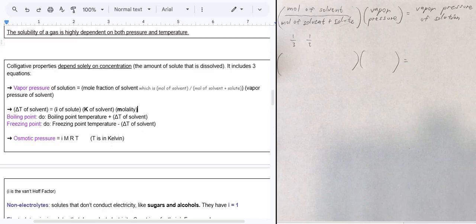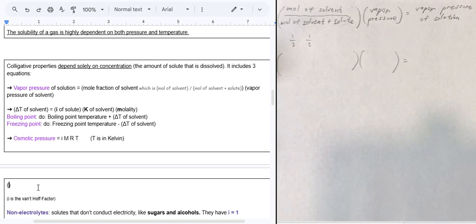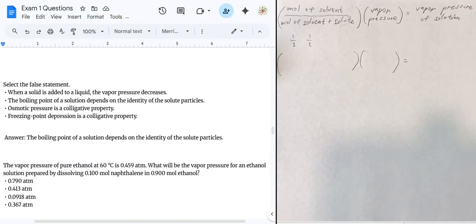I should probably add somewhere here: the solvent is the substance there's more of. So in this question, the solvent would be ethanol, and it's already in moles.